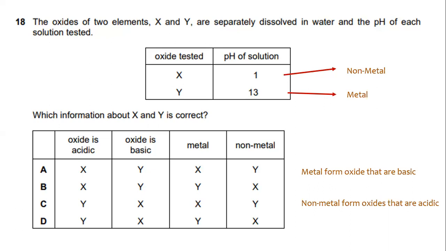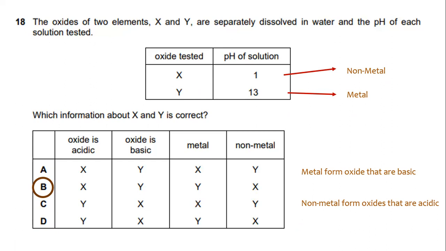So Y under metal should be Y. And non-metals form oxides that are acidic. So the answer would be B. Oxides that are acidic are non-metal. As I said, X is actually a non-metal and Y is actually a metal. From the pH of the solution, you can roughly identify.